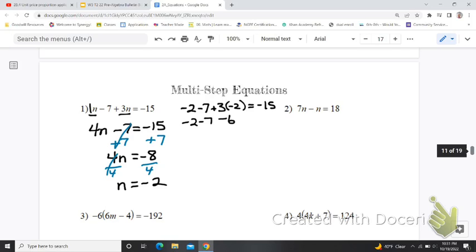So I have negative 2, negative 7, negative 6. If I add those together, I do get negative 15. So that is true if I just go left to right. And that lets me know that indeed my solution is correct.